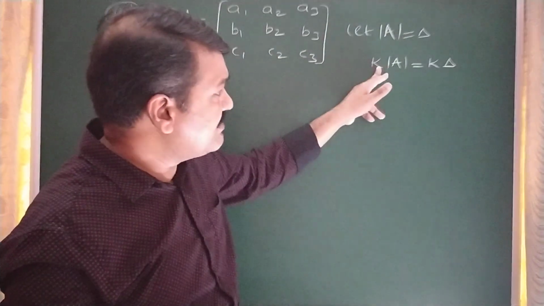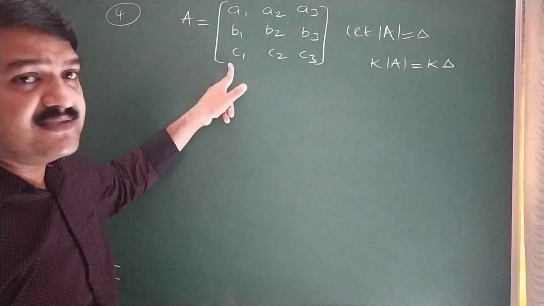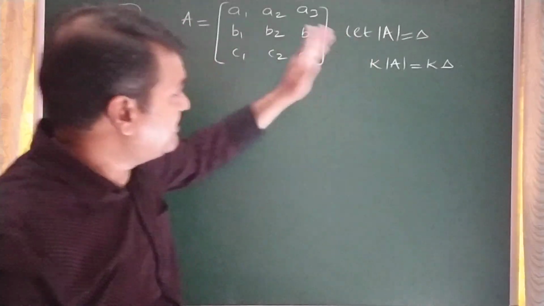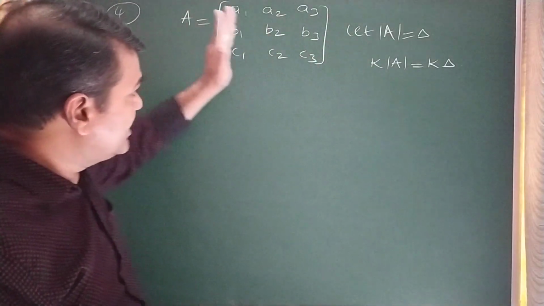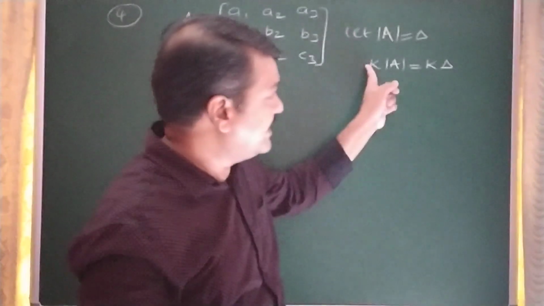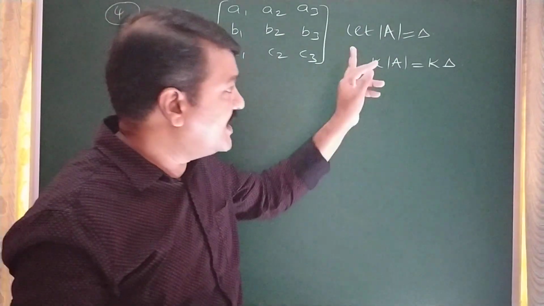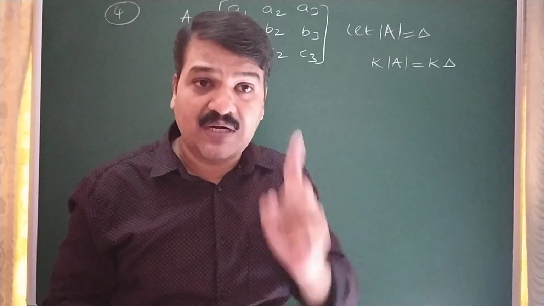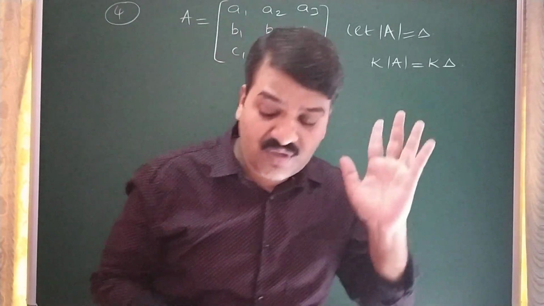So when k is multiplied to matrix, k means some scalar, that is constant. K is multiplied to matrix means K is multiplied to every element of the matrix. But in determinants, K is multiplied to determinant means that K is multiplied to any one row or column only. K is multiplied to any one row or column only.